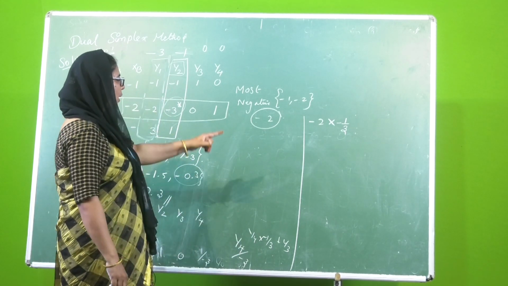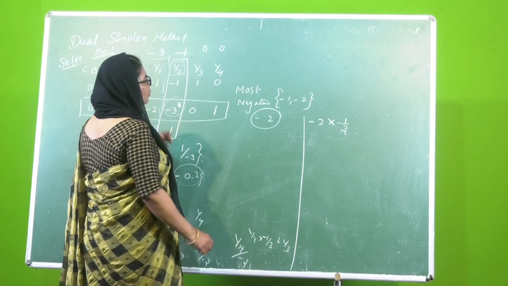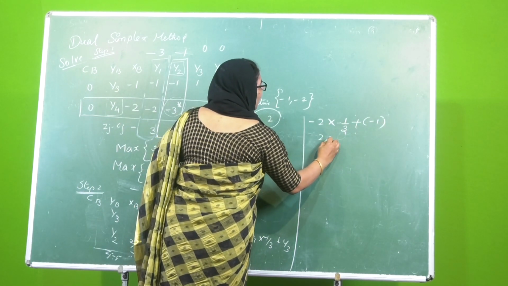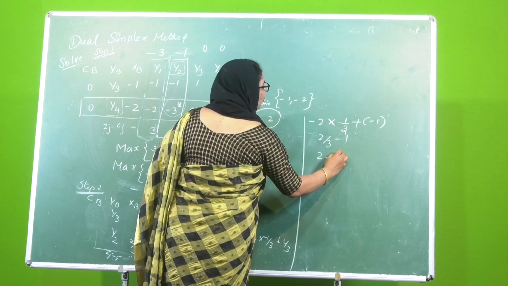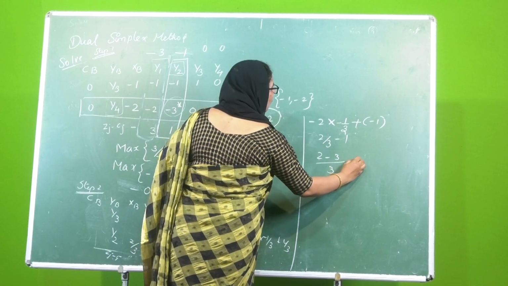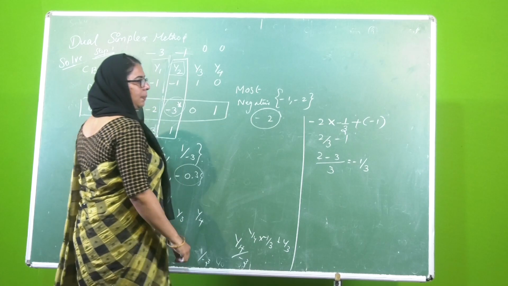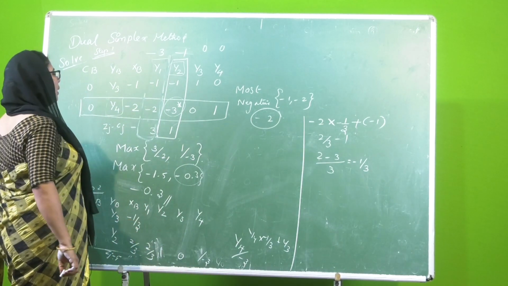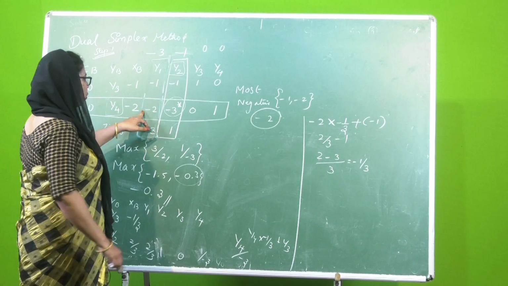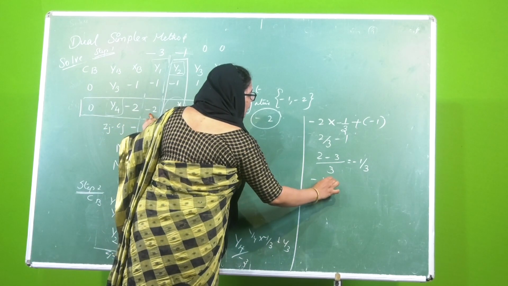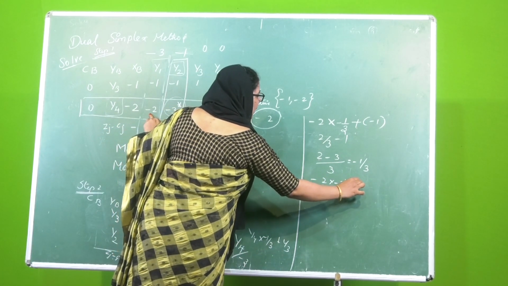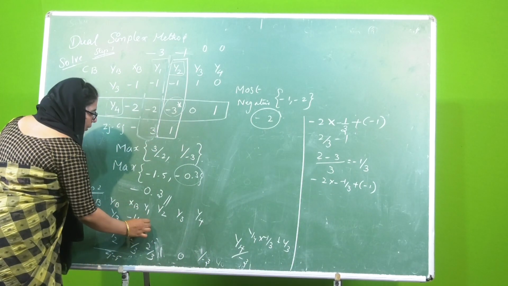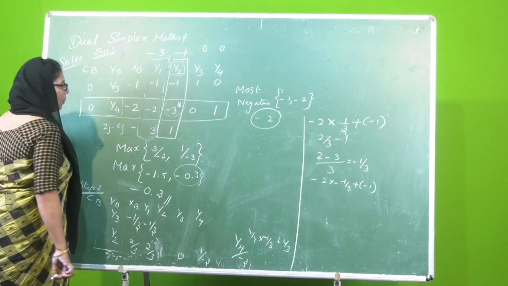So minus 2 into minus 1 by 3 plus minus 1, that is 2 by 3 minus 1, that is 2 minus 3 by 3, equal to minus 1 by 3. Next value minus 2, again minus 2 into minus 1 by 3 plus the same repeated value. So obviously we are getting minus 1 by 3.